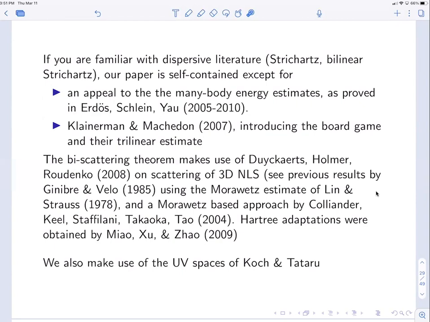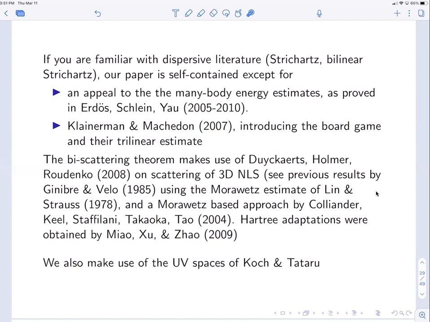So this bi-scattering theorem that I mentioned makes the comparison between Hartree and NLS solutions. It's the nonlinear comparison theorem. That makes use of results on scattering for 3D NLS and 3D Hartree. I have a paper on that together with Thomas Duyckaerts and Svetlana Roudenko, but there are also previous results.